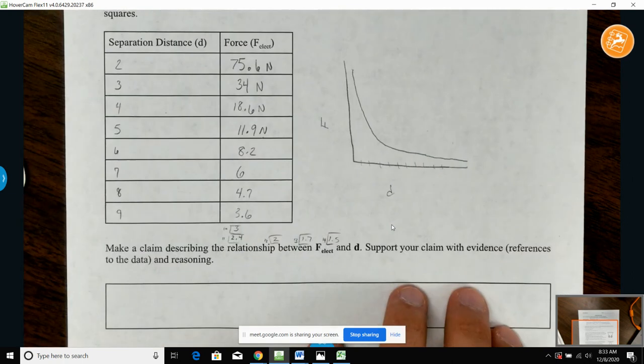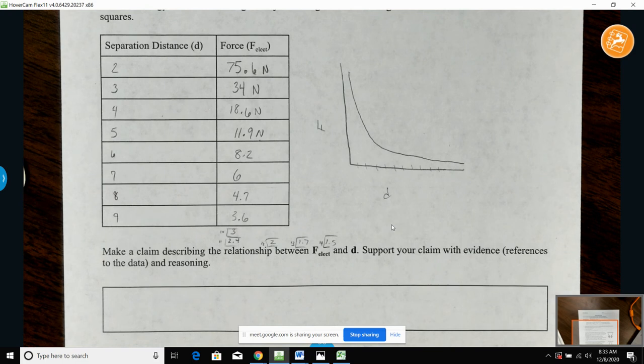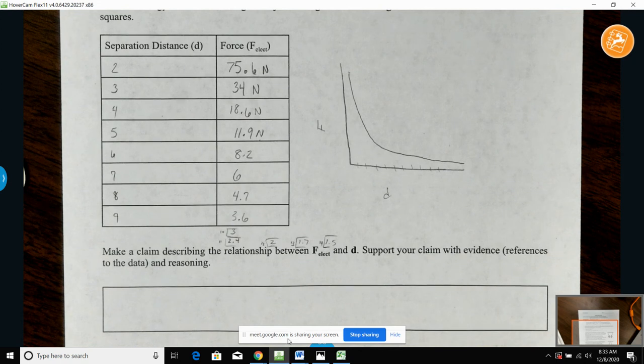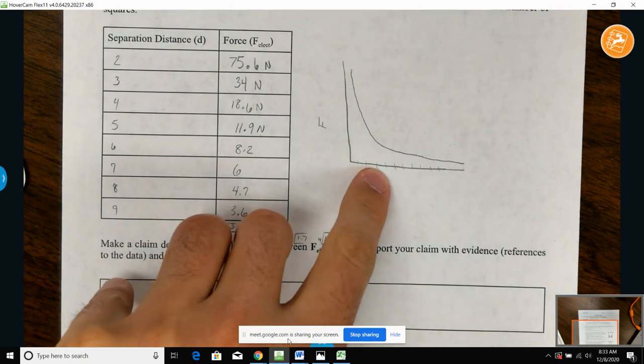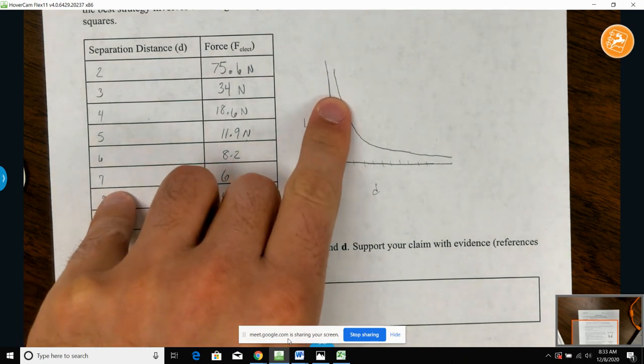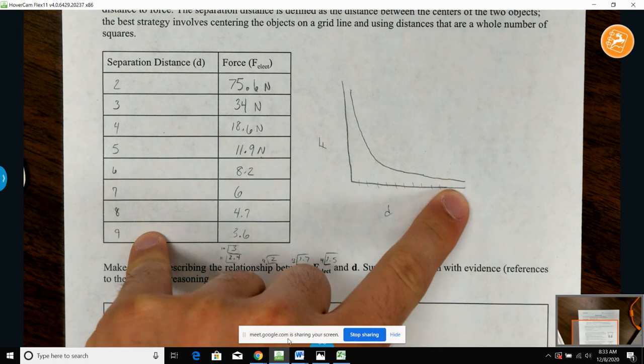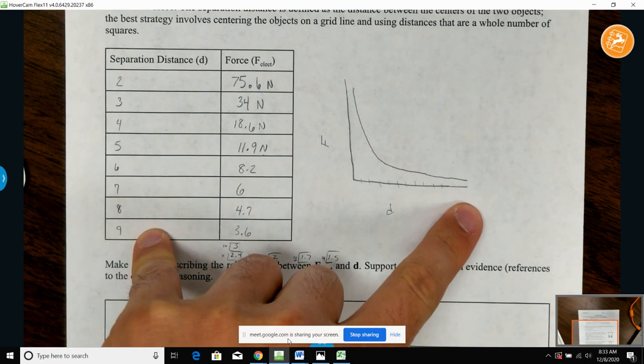Now, this is what we would call an exponential relationship. As this thing decreases, it's dramatically changing right off the rip, but then it starts to slowly taper off. But this is an inversely squared relationship.